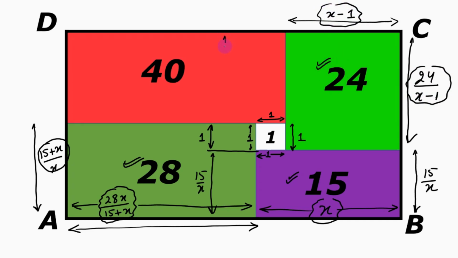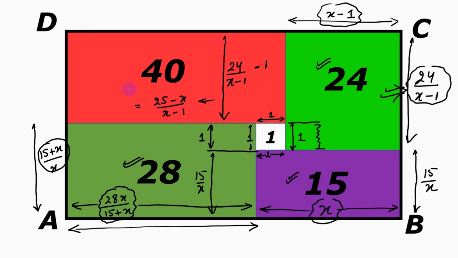Now this length is 24 upon (x minus 1) minus 1, which comes out to be (25 minus x) upon (x minus 1).